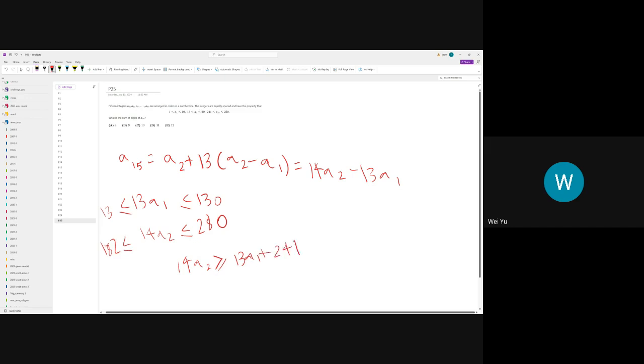Because if we move this to the other side, it just becomes A15 is greater than or equal to 241, which is the condition. So, oh, 13A1 is at least 13. So 14A2 is greater than or equal to 254.